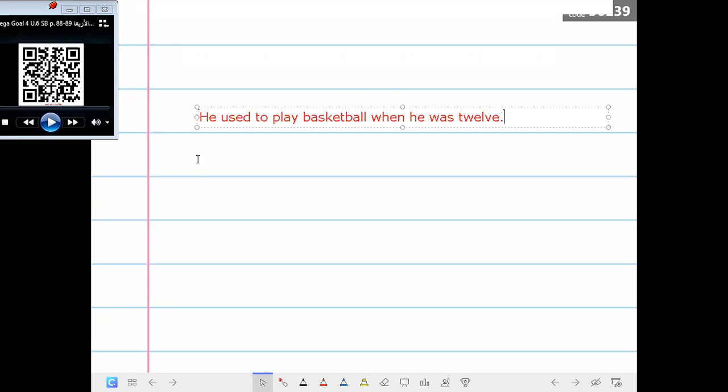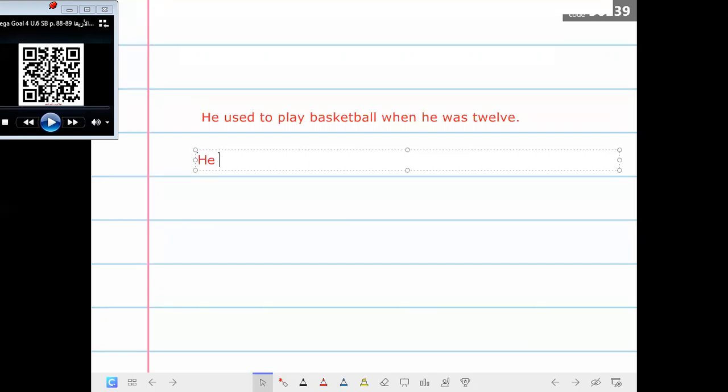The second one is he is used to playing basketball. يعني مش هنكمل، هنقول he is used to playing basketball. طيب I want you to differentiate between these two sentences.